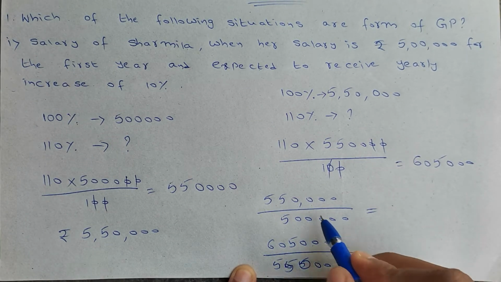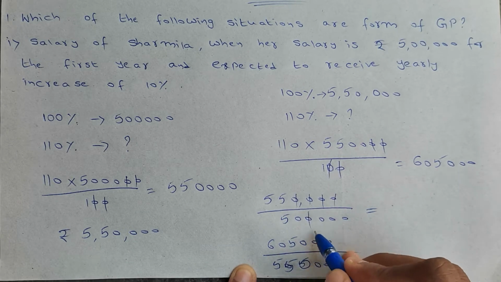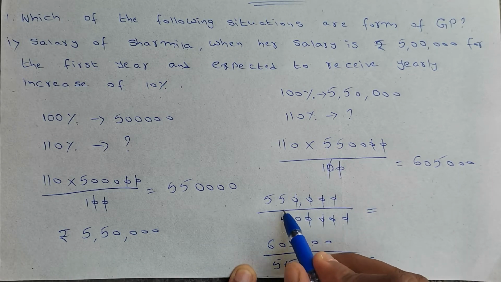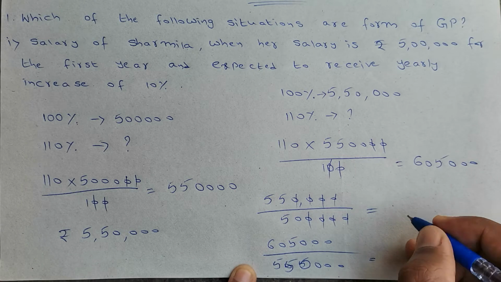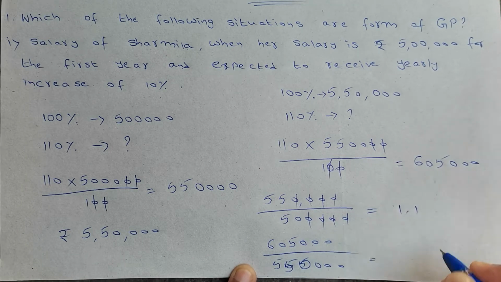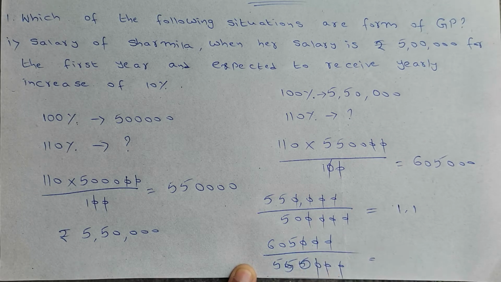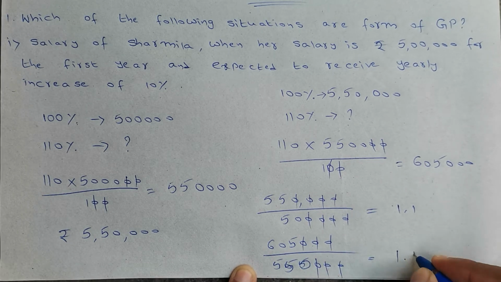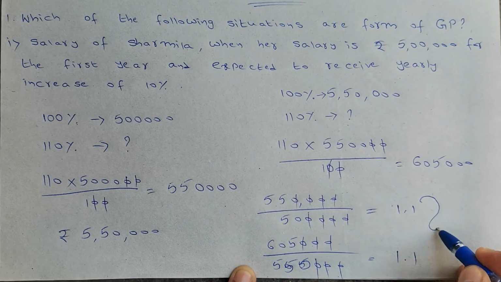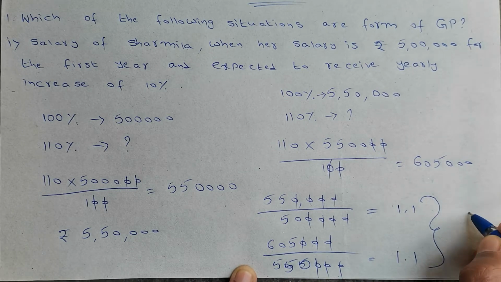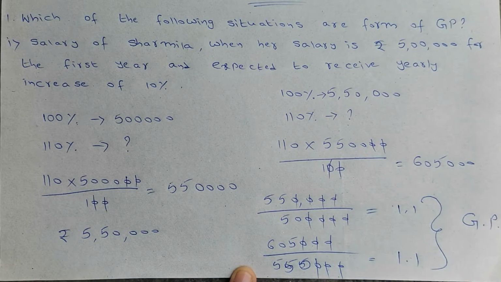So here 4 zeros cancel, 4 zeros cancel. So we will get 55 divided by 50, 1.1. Here 3 zeros cancel, here 3 zeros cancel. 605 divided by 550, 1.1. So here the common ratio is the same. So we can conclude that this condition is in GP.